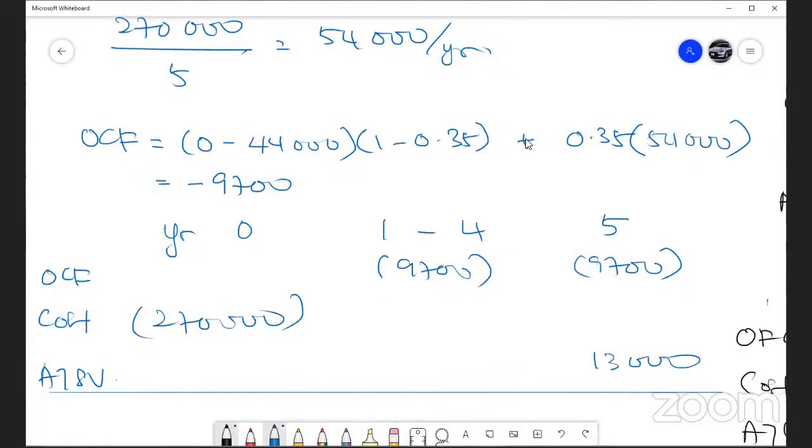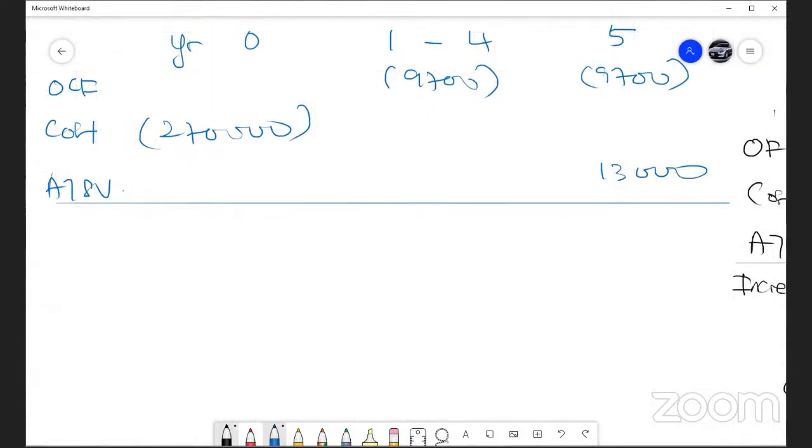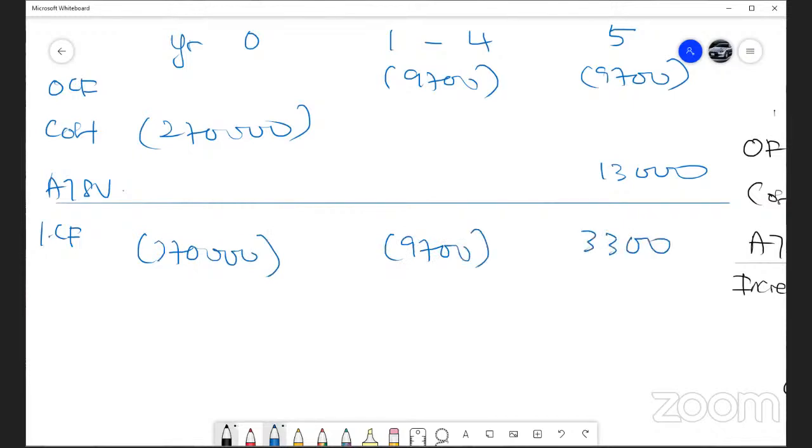So your incremental cash flow here, $270,000, $9,700, and this one positive 3,300. Count your NPV.